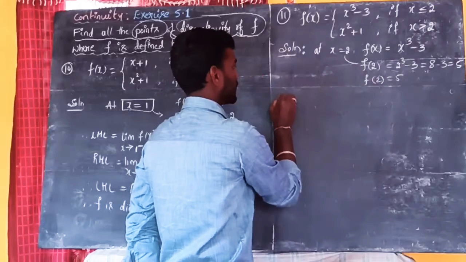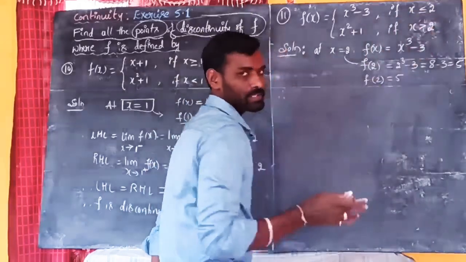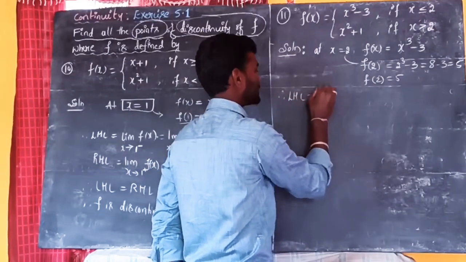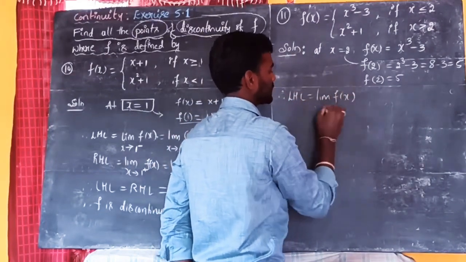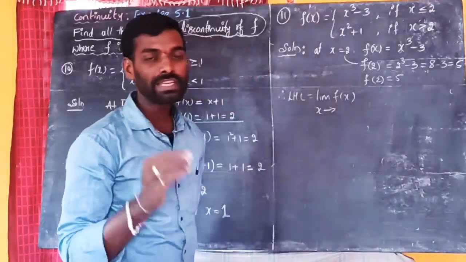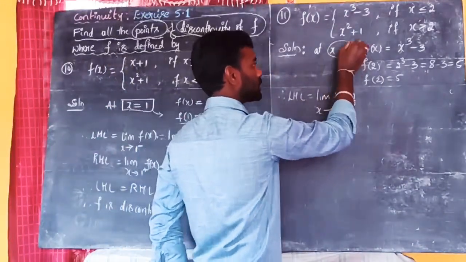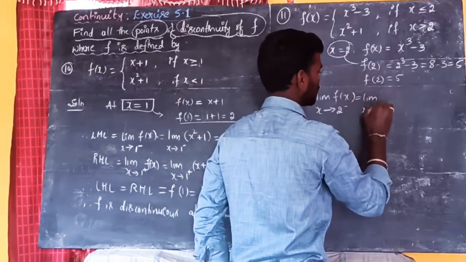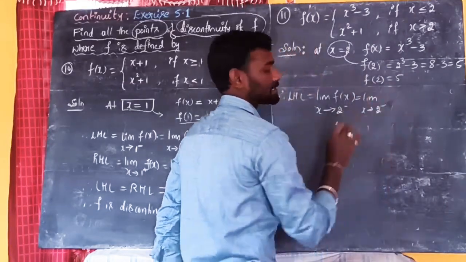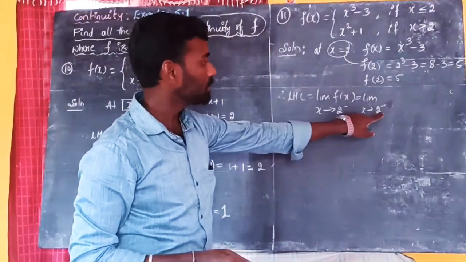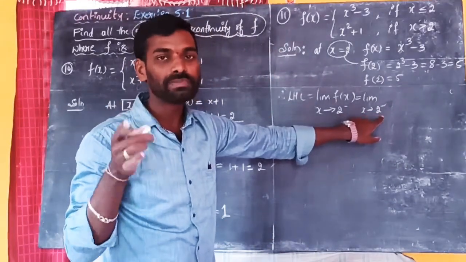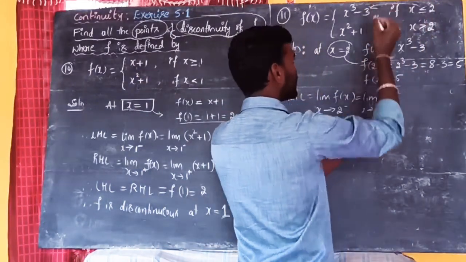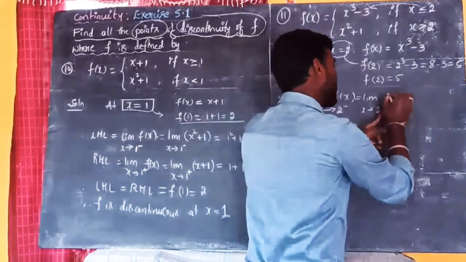Next, this function has inequality, so use left hand limit and right hand limit. Left hand limit, LHL, is equal to limit of f of x as x tends to a minus, and in place of a here it is 2. So limit as x tends to 2 minus of f of x. 2 minus means the function which is less than 2, which is x cube minus 3.